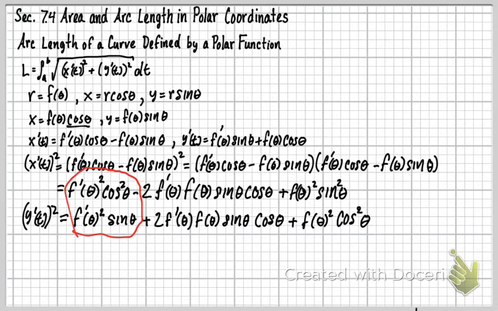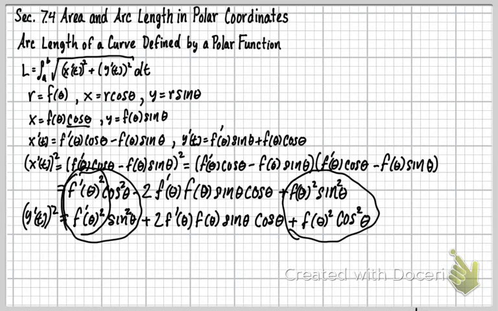And those I can add together. Oops, I forgot something here. This is actually a squared there. Okay, so these I can add together, and then these I can add together. And if I add those together and factor out an f prime theta squared for these two, and then take these two and factor out an f theta squared, notice what we end up with here.